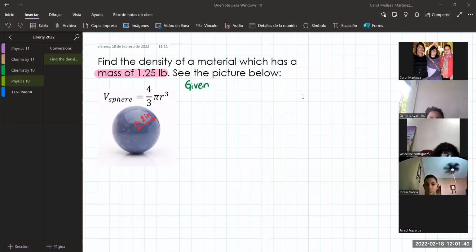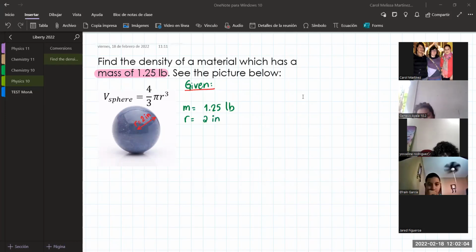If you write your givens, make sure to include the mass. The mass of this sphere is 1.25 pounds, and the radius of this shape is 2 inches.